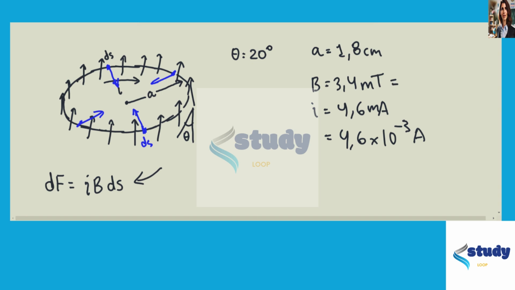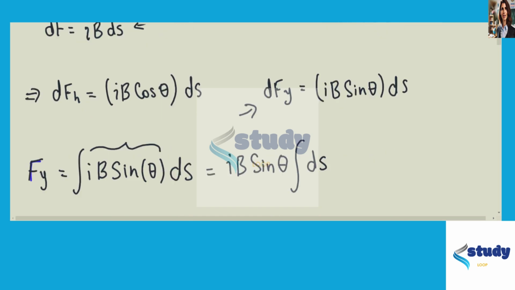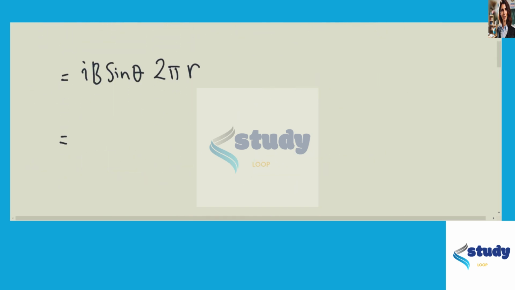And also we need to change the magnitude of the magnetic field so that it will be in Tesla. And centimeters, we need to convert that to meters, so that will be to divide this number by 100. So that will give us 0.018 meters.